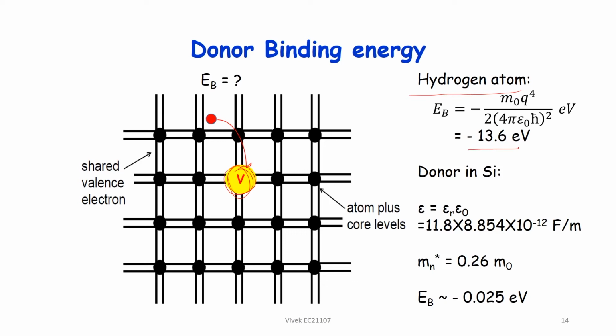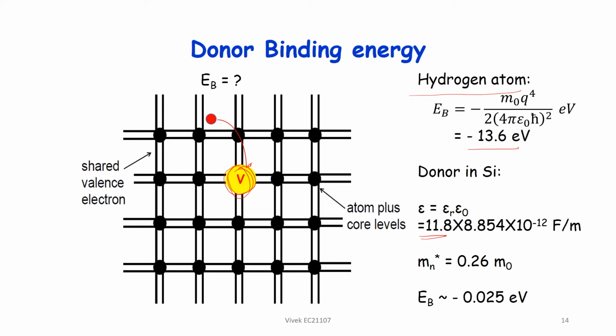So if you compare this one here, m naught, now in crystal, this m naught changes to the effective mass, right? So this is around 1.18 m naught. Then q remains unchanged, 4 pi epsilon naught. Epsilon naught is the permittivity of free space, but in silicon crystal it has a dielectric constant of 11.8.